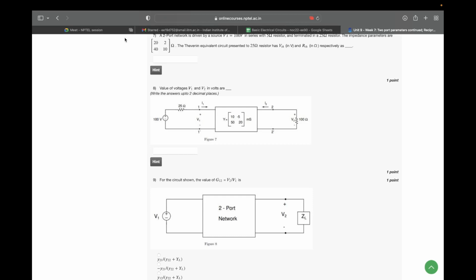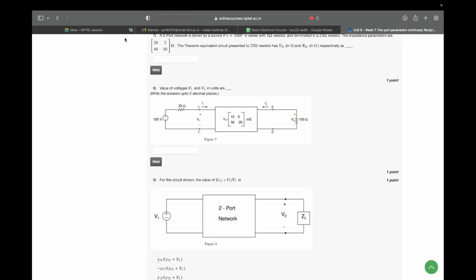So, first of all, we have a question in which we need to find the Z matrix for this particular problem. For the Z matrix, the equations we have are V1 equals Z11 times I1 plus Z12 times I2, and V2 equals Z21 times I1 plus Z22 times I2.